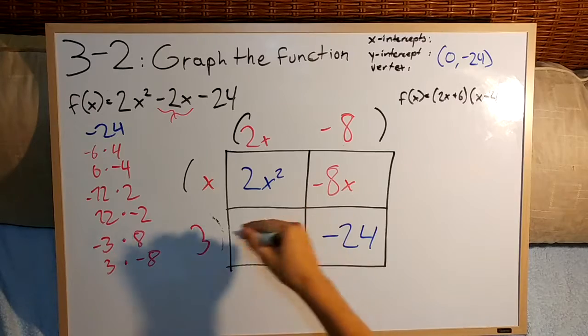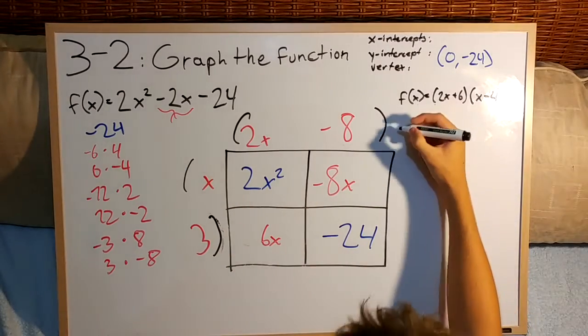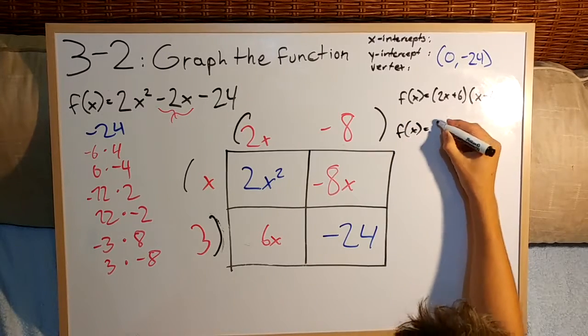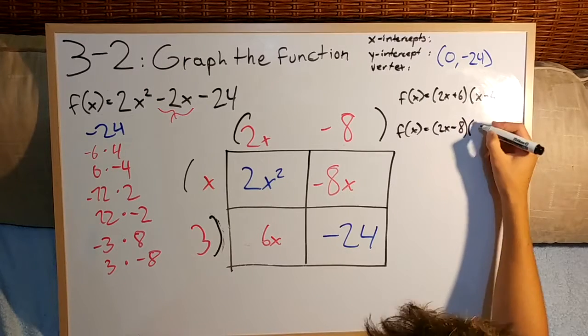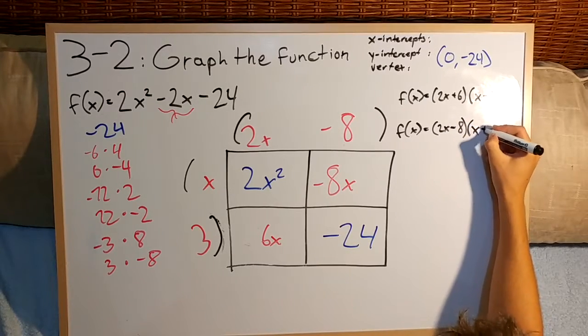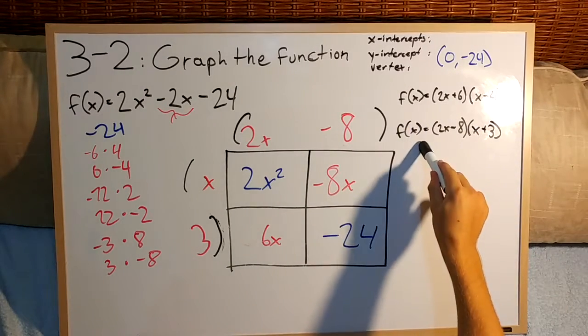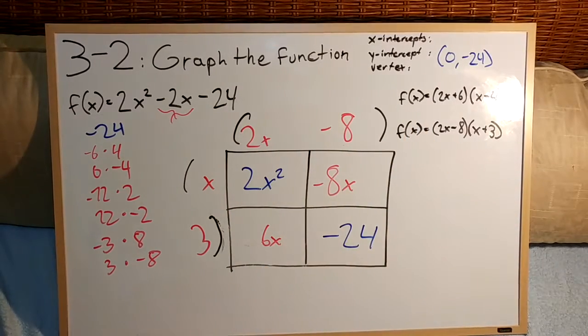So, we just found two ways that we write this one in factored form. And this is negative 2x minus 8 times x plus 3. Now these are our two functions converted from standard form to factored form.